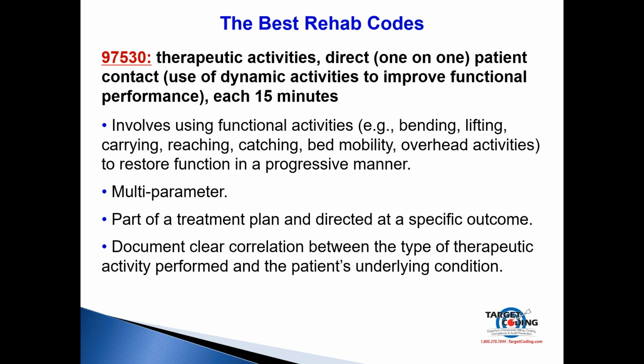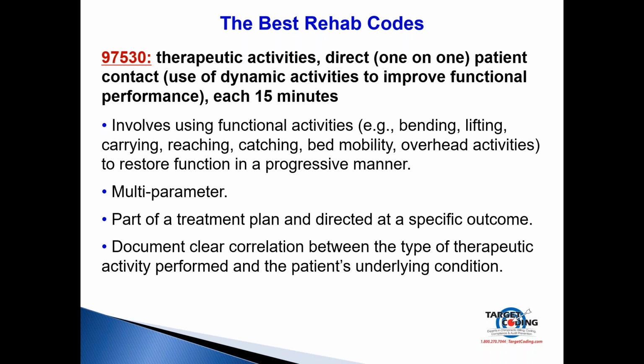Okay, now we have 97530, therapeutic activities. This code is more complicated, but it pays more. It has the highest RVU out of the 4 main ones that I went through. Therapeutic activities: direct one-on-one patient contact, use of dynamic activities to improve functional performance. What are dynamic activities? Well, it typically involves bending, lifting, reaching, carrying.